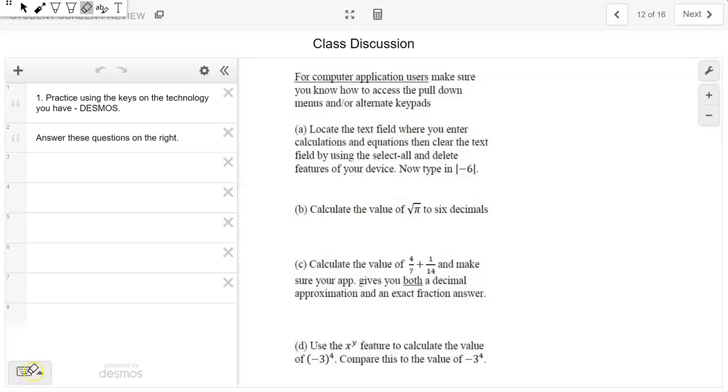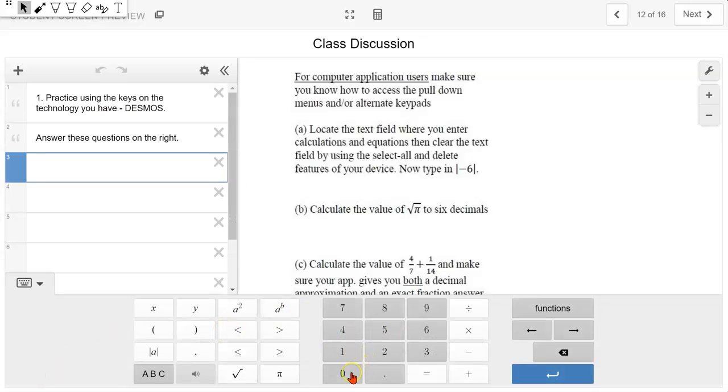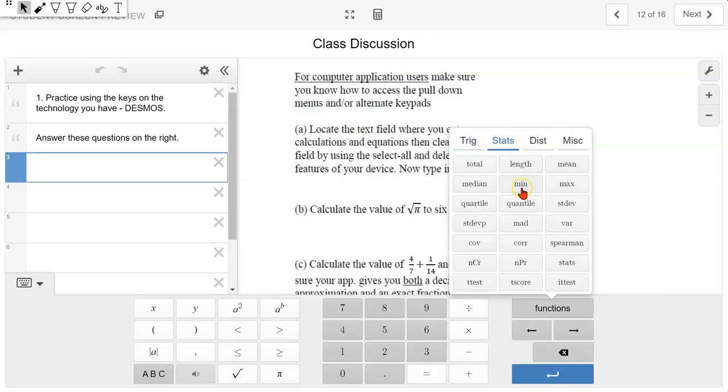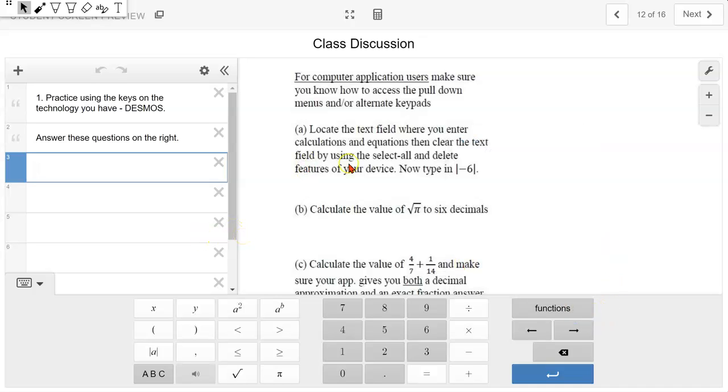So here on the bottom left, when you click on this, this is the keypad, and you'll see all the numbers, x, y, exponents, parentheses, inequalities, square root, equals, plus, minus, multiplication, division, arrows, and also some functions if we need, let's say, stats, and all that. Okay, and I'll teach you how to do it.